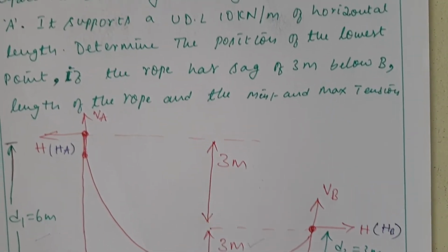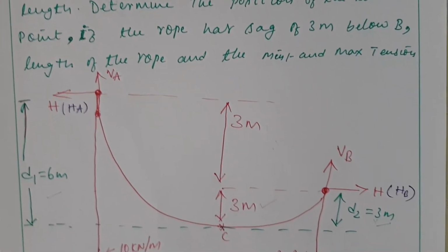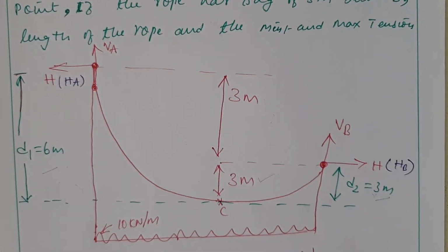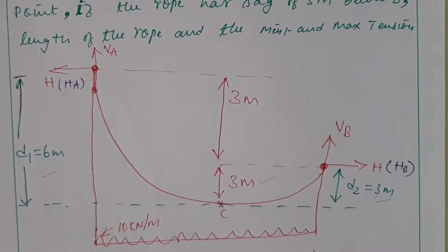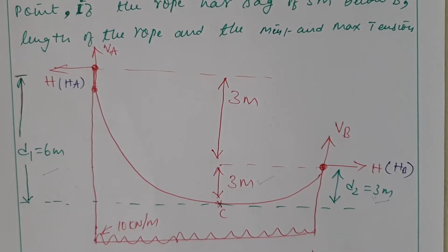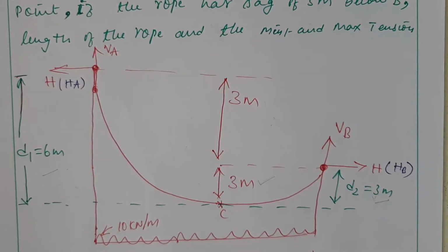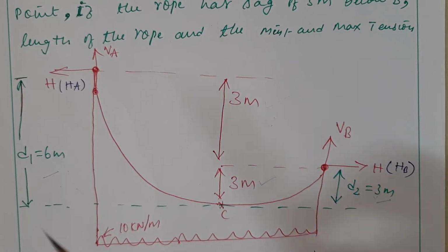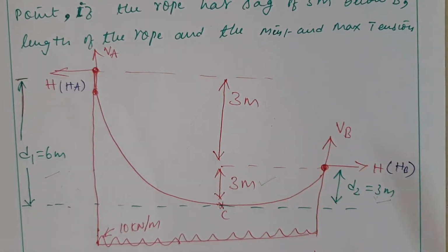For that I am considering the equilibrium conditions as follows: sum of Fy equal to 0, sum of Fx equal to 0, moment at A equal to 0, and moment at C equal to 0. Either you can consider the right hand side or the left hand side. We know the horizontal forces are the same from one equilibrium condition. VA plus VB equals 10 into 30.